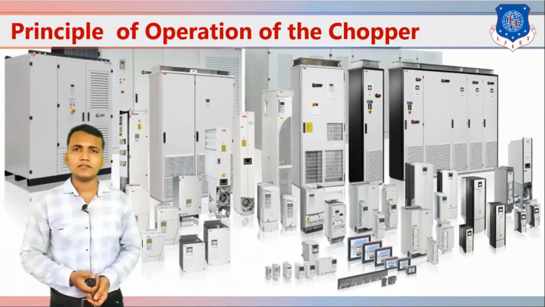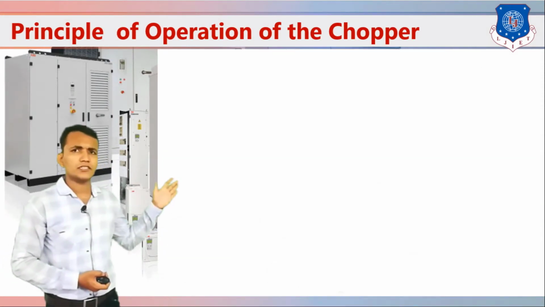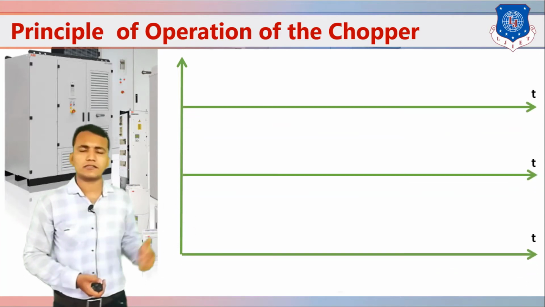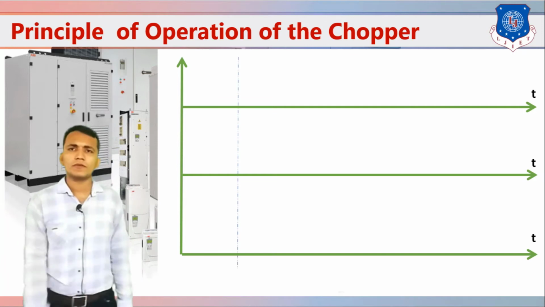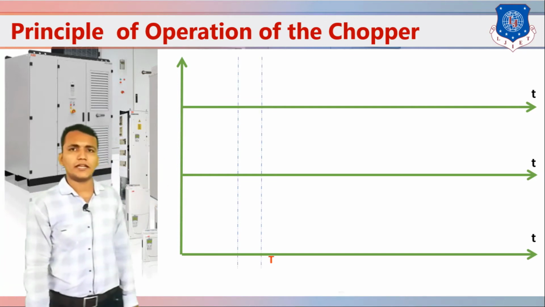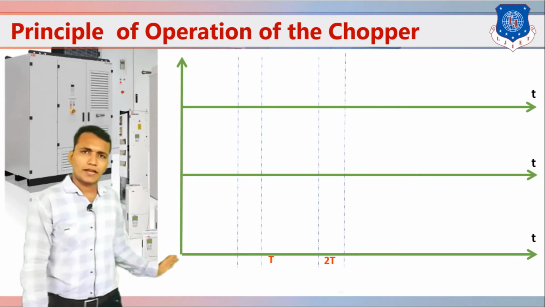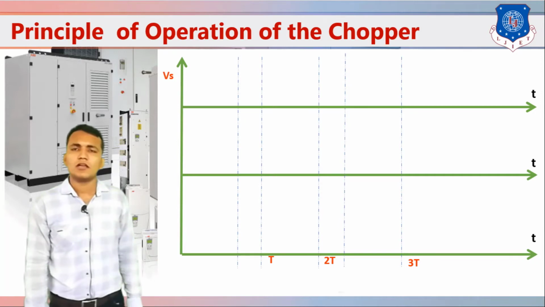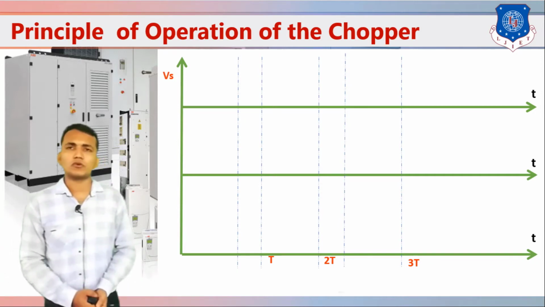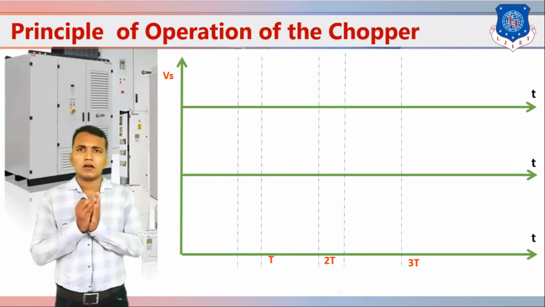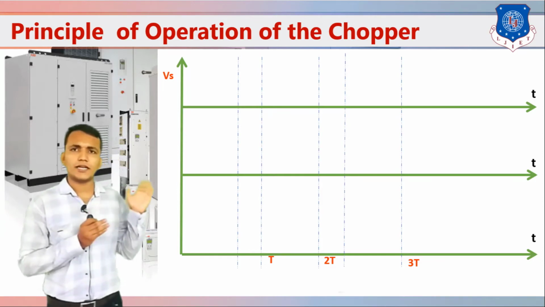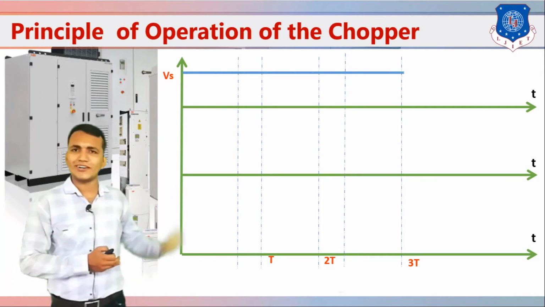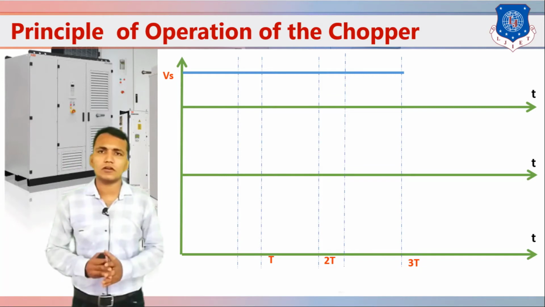Then it looks like this. In this waveform we have taken the y axis and the x axis for drawing the waveforms, and also some marked points on the time axis: first the time period T, then 2T, and then 3T. First is the input voltage Vs. The input voltage is constant, so it is a constant waveform.